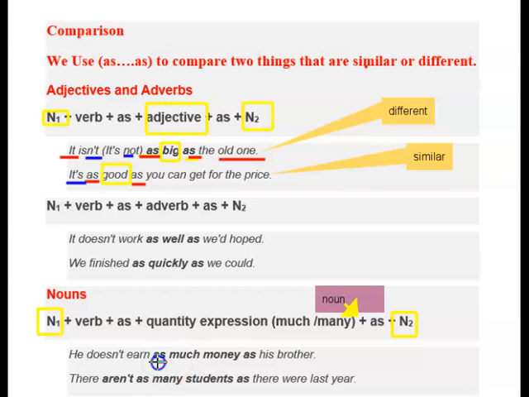So here we have as, and we have as, okay, and this is the noun, he, and his brother, noun number 1, noun number 2, okay. Now this much money is my comparison. Okay, my comparison. Money is uncountable, and this is why I used what?